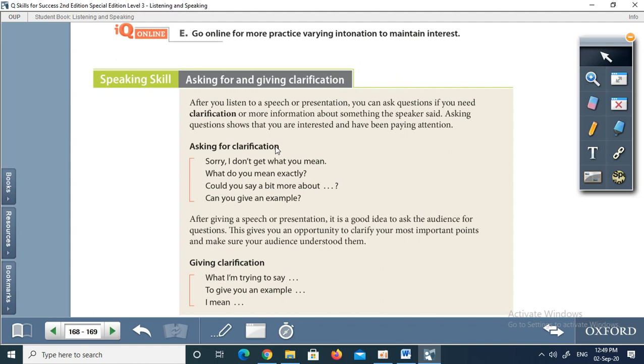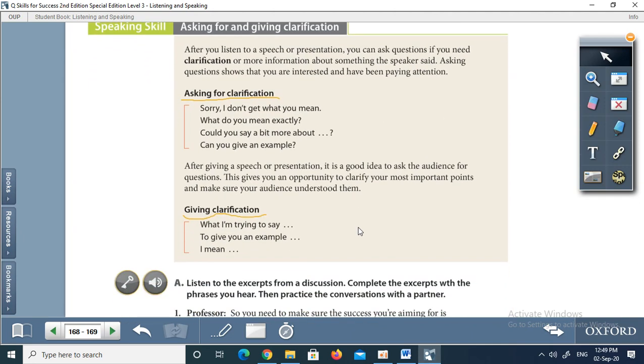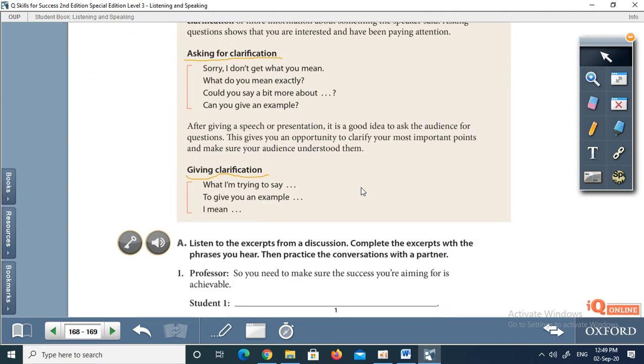And those are all used when we want to ask for clarification. And then to let the reader know that you are now giving clarification, you can say, what I'm trying to say, or to give you an example, or I mean, and any one of those would be fine.